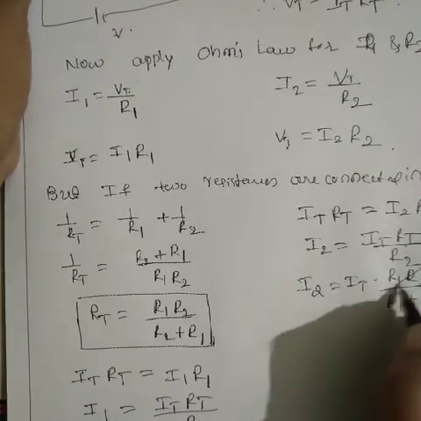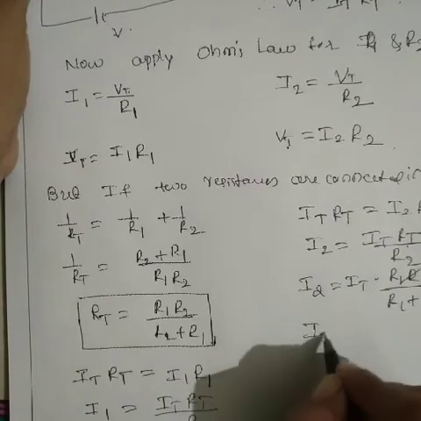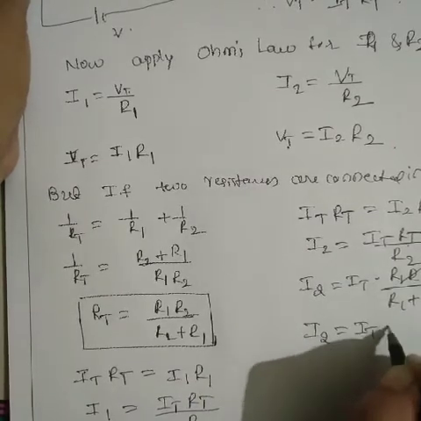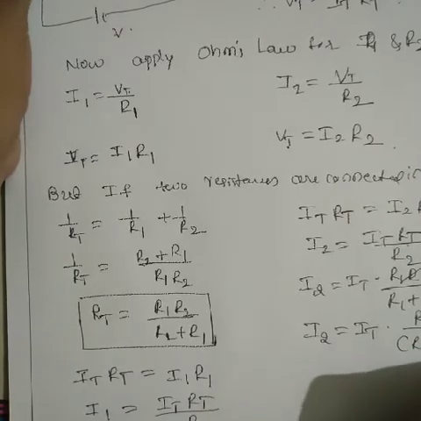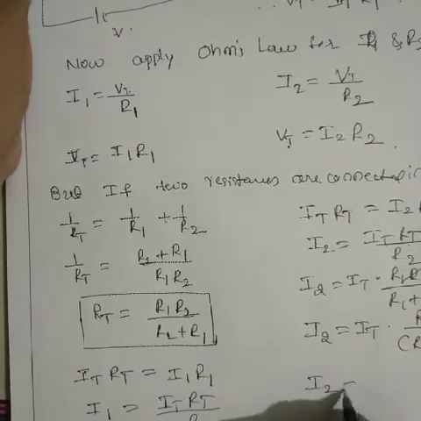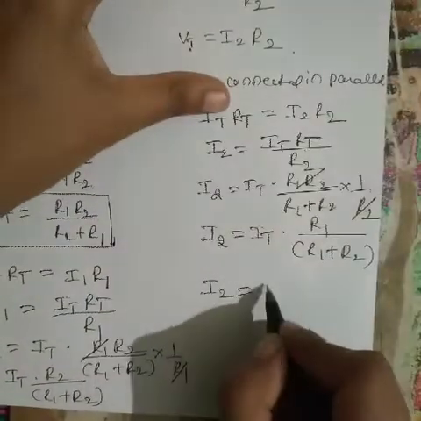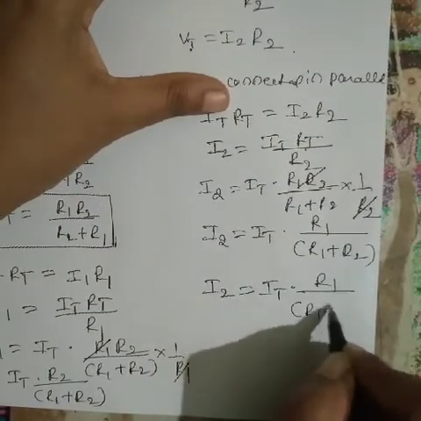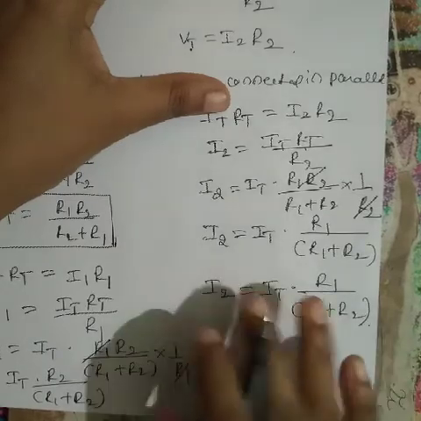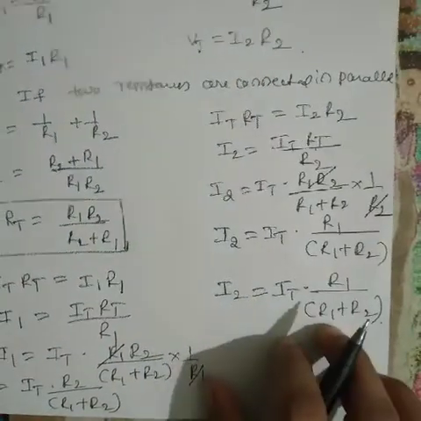This R2 will get cancelled. Therefore I2 is equal to total current into the opposite resistance divided by the sum of the resistances. This is your second branch current equation: I2 is equal to IT into R1 divided by R1 plus R2.